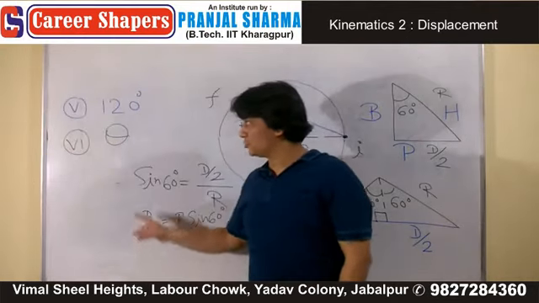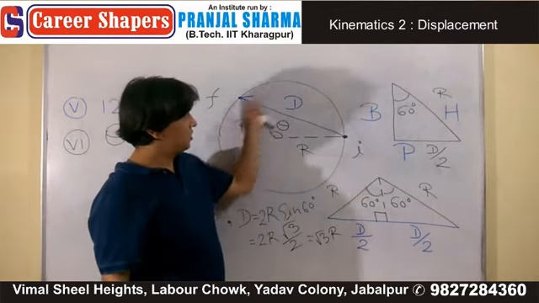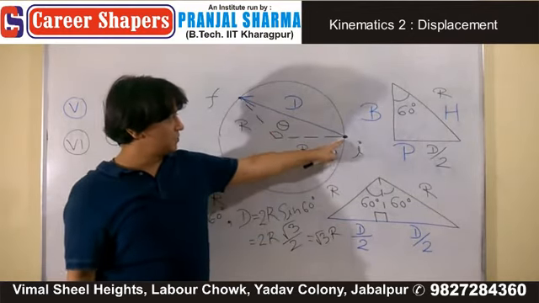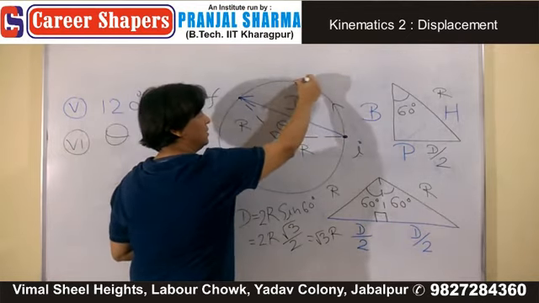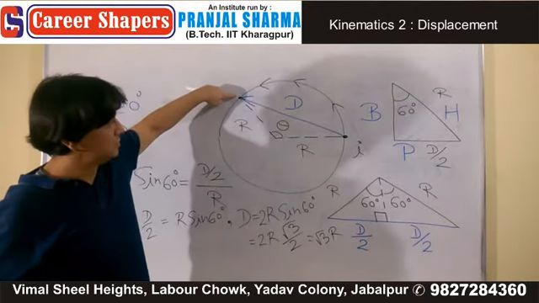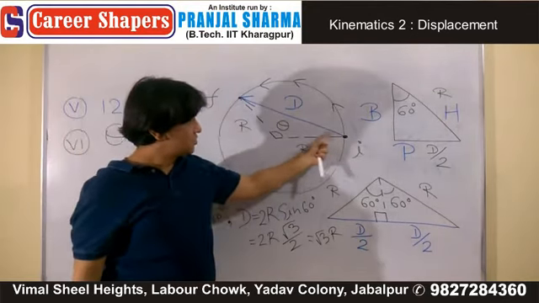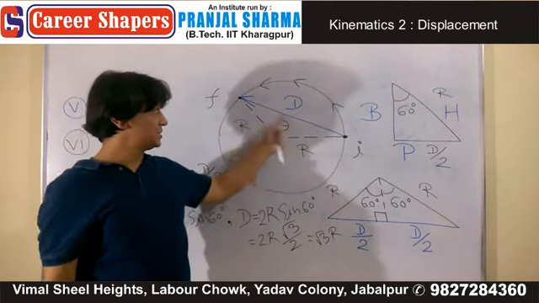Your final answer should be in terms of theta and r. Draw a figure like this. You started from this. That's how you moved. You arrived at this final position. That's your displacement. And you need to find length of this line.